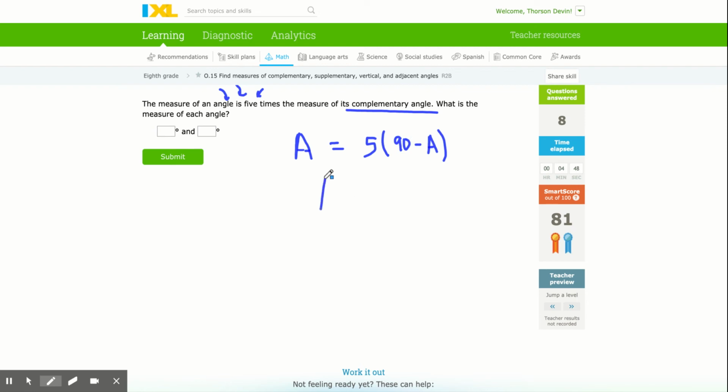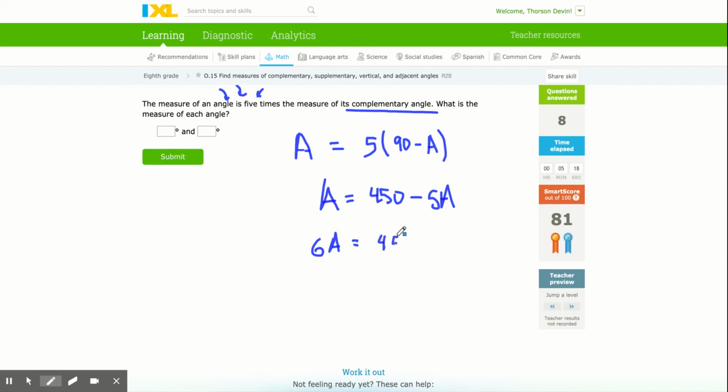Now I just solve for that. A equals 5 times 90 would be what? 540. Nope, 450. I can do my multiplication. 450. Nothing wrong with using a calculator. 450 minus 5A. Add the 5A to the left side, we get 6A equals 450.